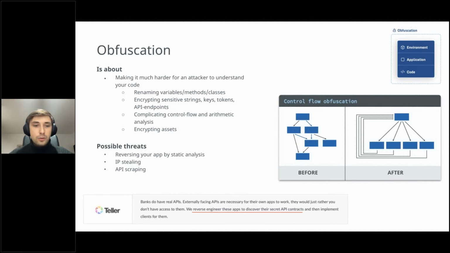And if you don't implement the obfuscation, then it's just easier for an attacker to reverse your app statically, or even steal your whole IP. Let's say that you have a function that makes some changes to an image. It just adds a filter to an image.